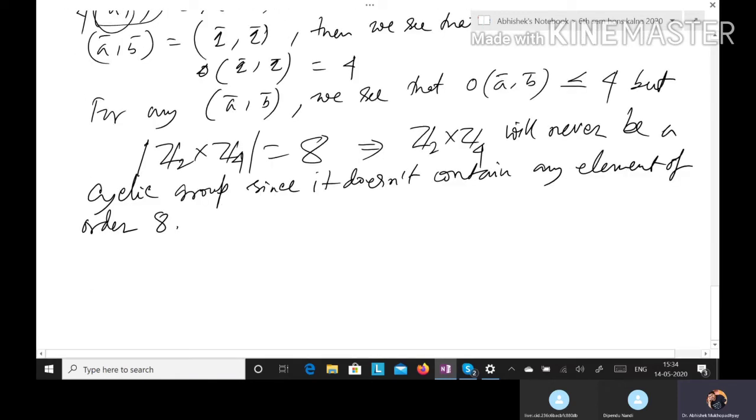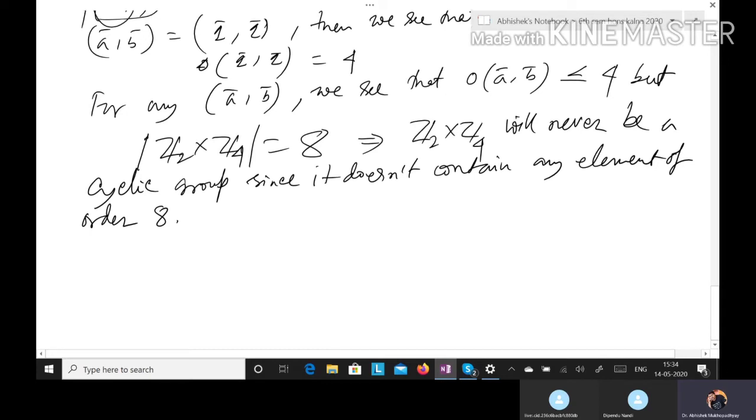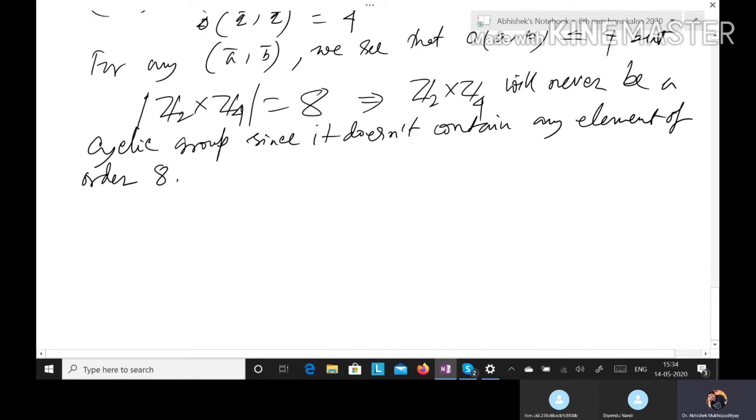So therefore Z2 cross Z4 will never be a cyclic group, although Z2 and Z4 are cyclic groups. And this example shows that in general you cannot say that the external direct product of two cyclic groups will be a cyclic group.